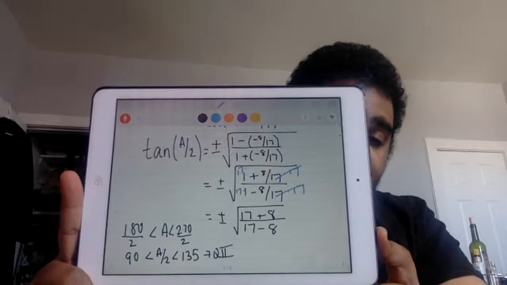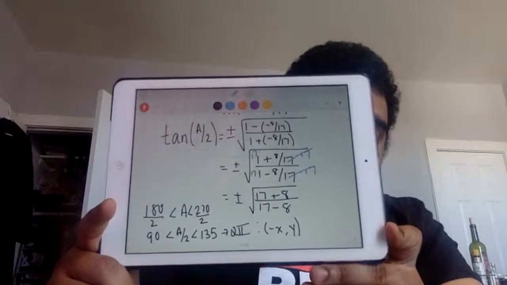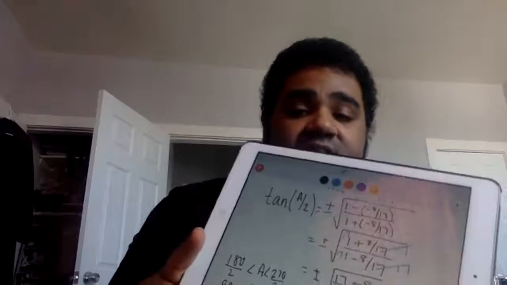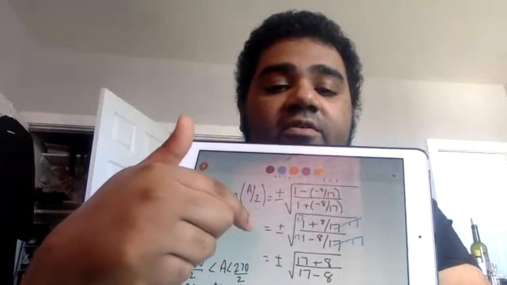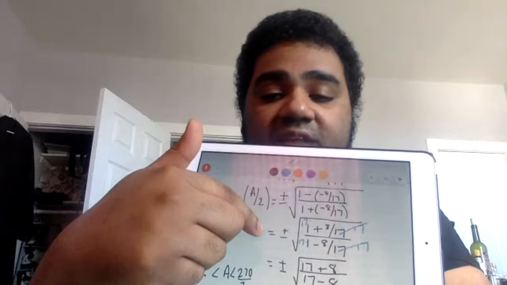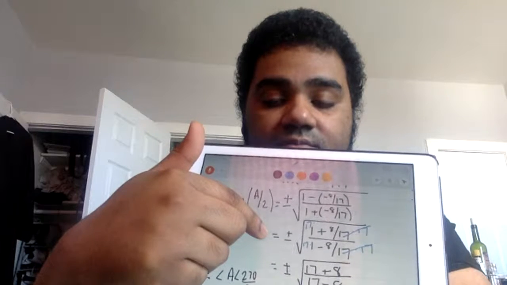And so you have to think about what are the characteristics of quadrant 2. In quadrant 2, your x is negative and your y is positive. So if we're thinking about tangent of an angle there, tangent's going to have to be negative because it's y over x, and since my x is negative, then this answer right here that we were doing is going to be the negative of that answer, not the positive.